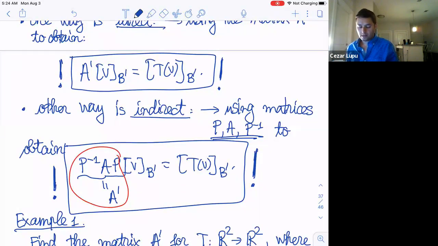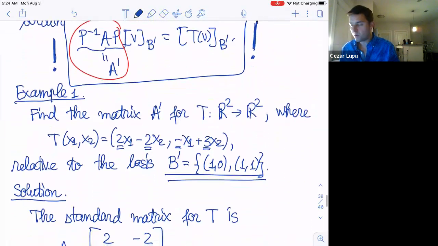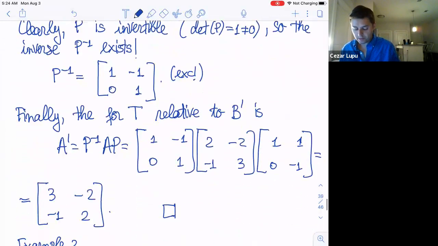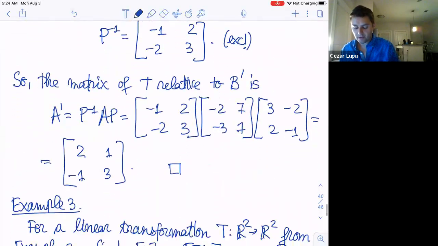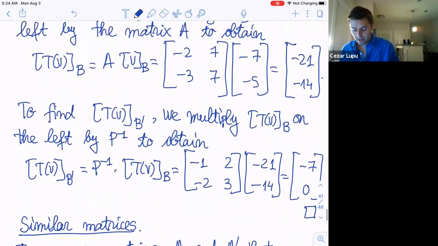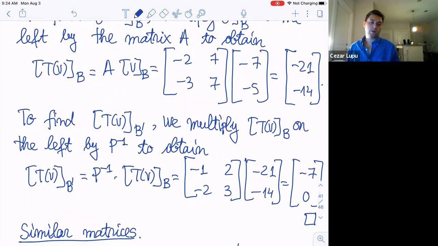Okay, I think now we can go towards our second part, and the second part will concern similar matrices. You'll see that what we have discussed so far will play an important role in talking about similar matrices. In fact, I already told you explicitly what similar matrices are all about.